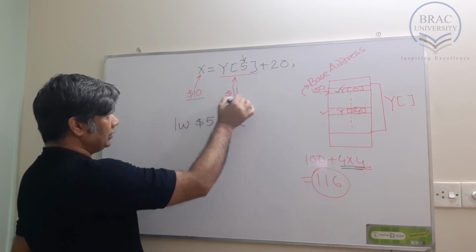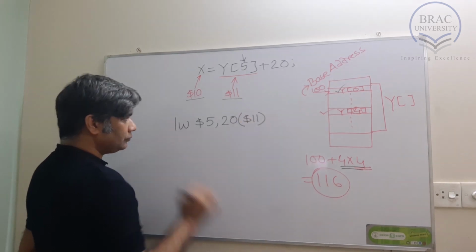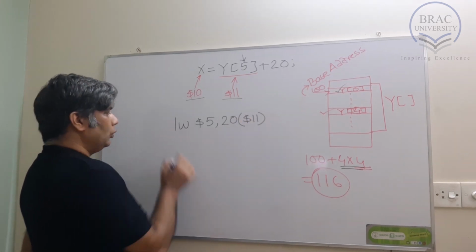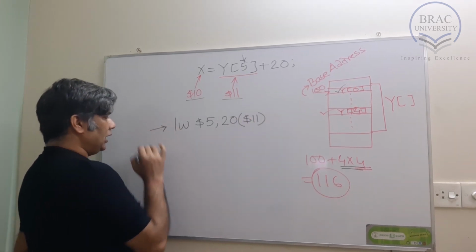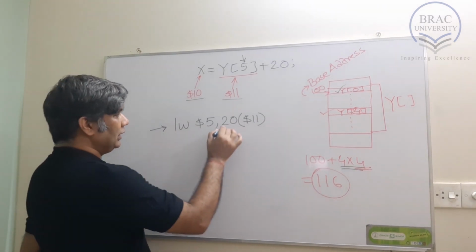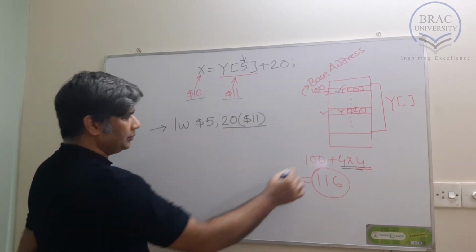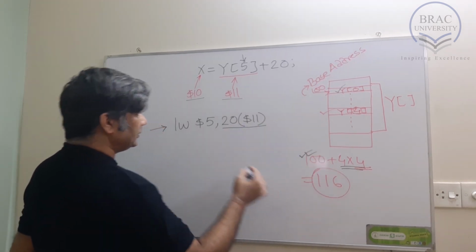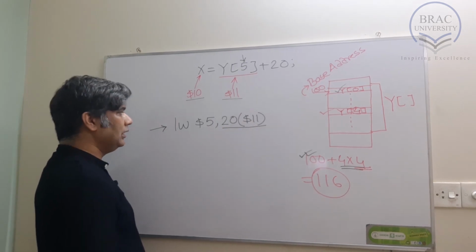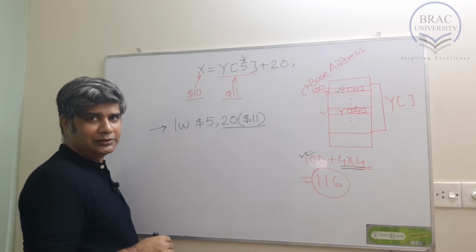And now where is the base address? Base address is in register 11. This instruction performs two operations. One, after the arithmetic operation, that means an operation something like this, this instruction gets the target memory address.